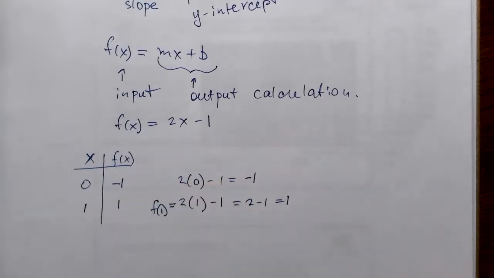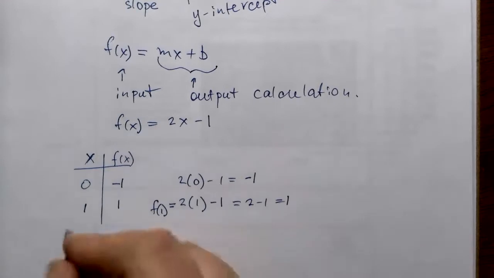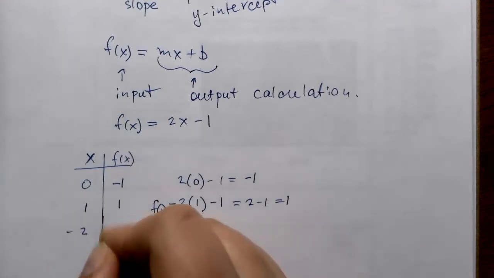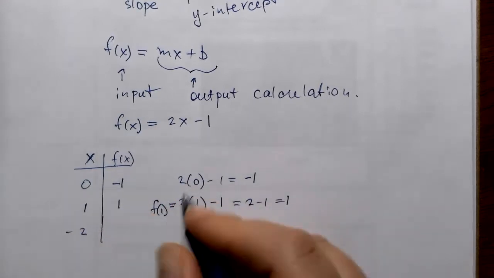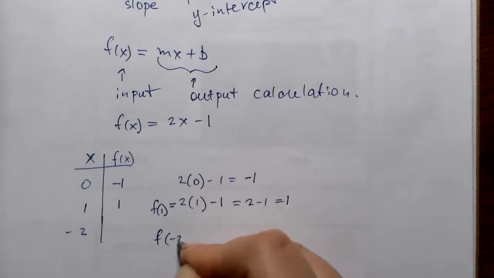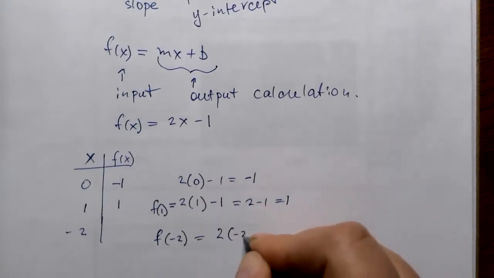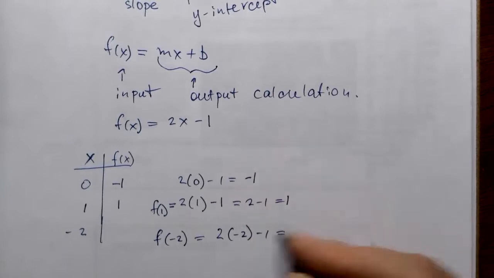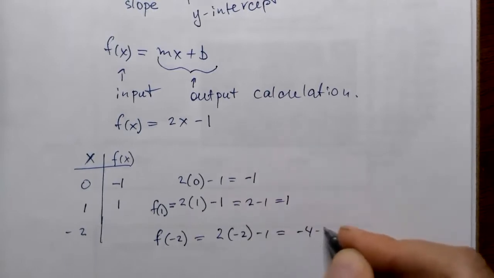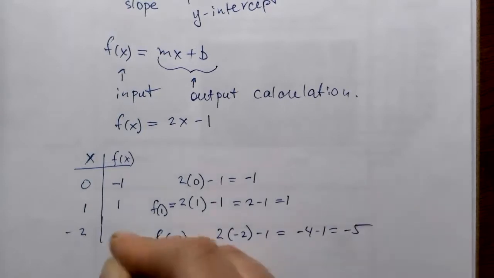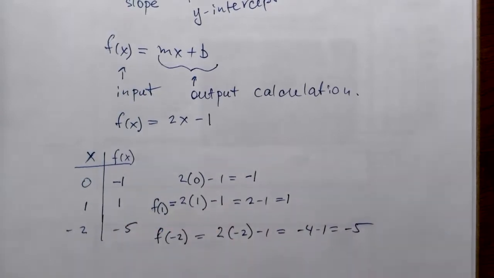And we could calculate one more value. Let's take negative 2. So f of negative 2 will be 2 times negative 2 minus 1, that's negative 4 minus 1, which is negative 5.